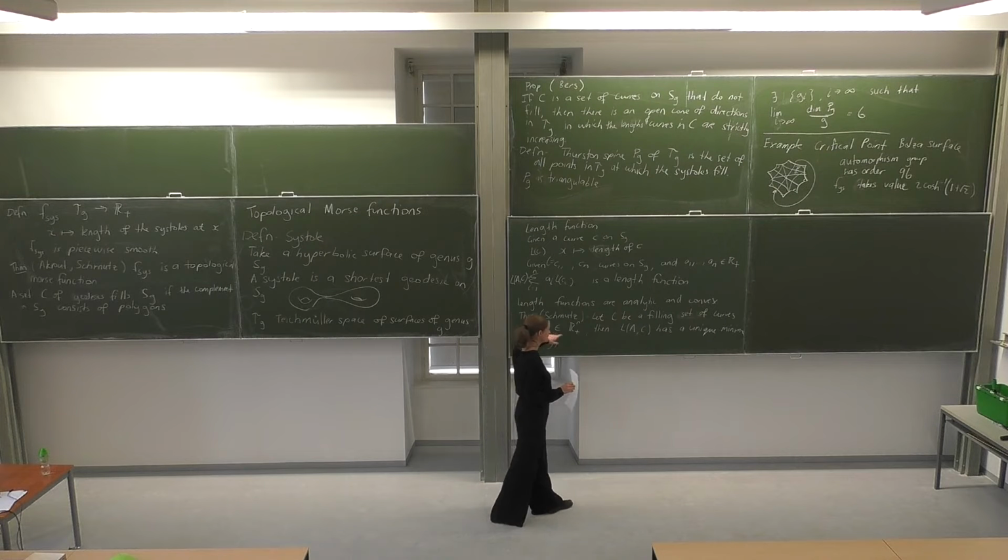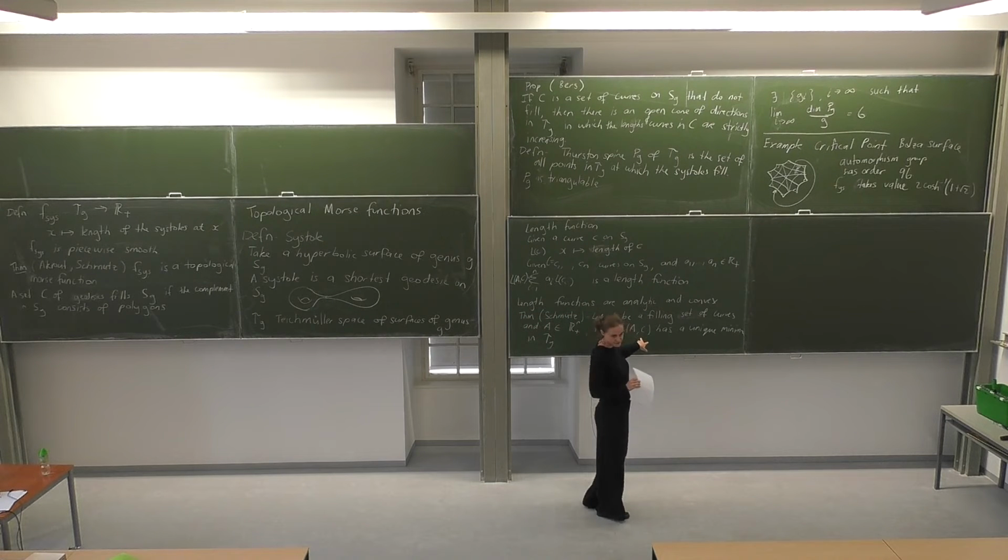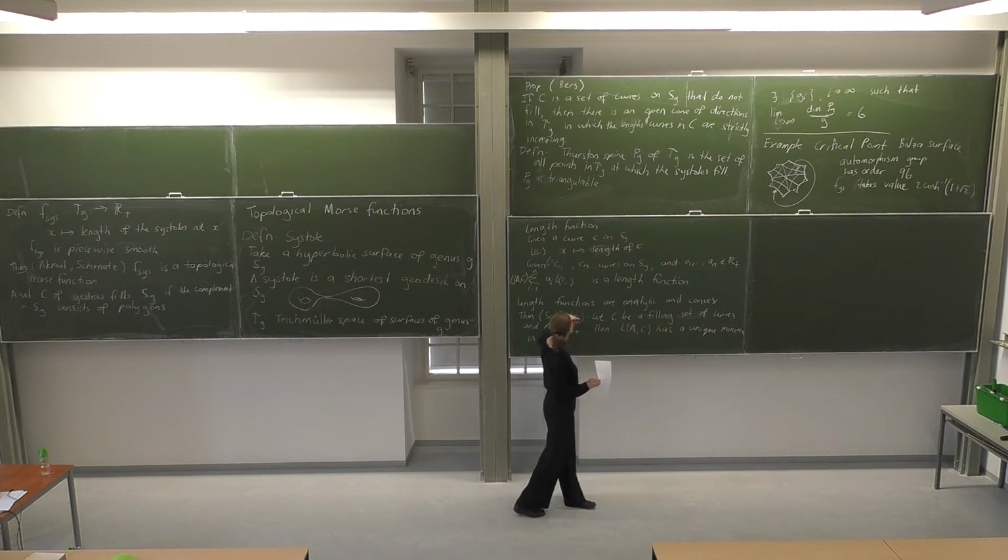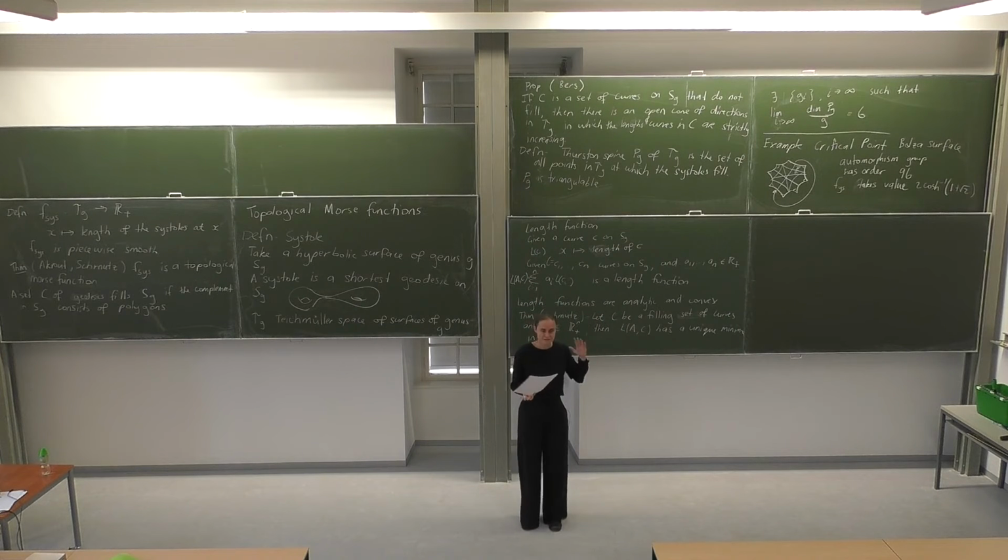Okay, so we see it's a necessary condition that C is filling, because otherwise this proposition says there's always a direction in which the lengths of all of these curves are decreasing.